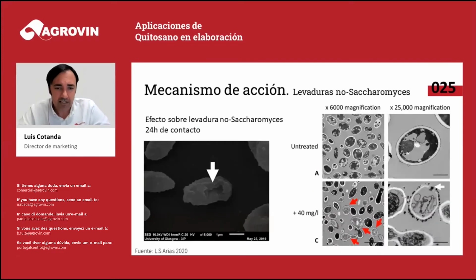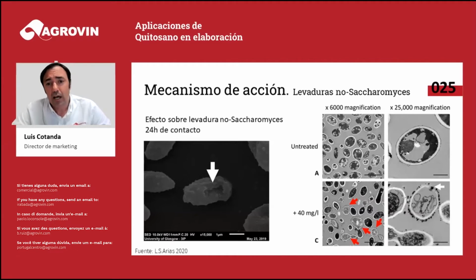We will see this better in the next image. On the upper right side of the screen, you will see some healthy cells with no treatment, and on the lower part, you will see that chitosan has adhered to the outside of the cell, and it has created those pores, and it has provoked the loss of genetic material and cytoplasmic material.